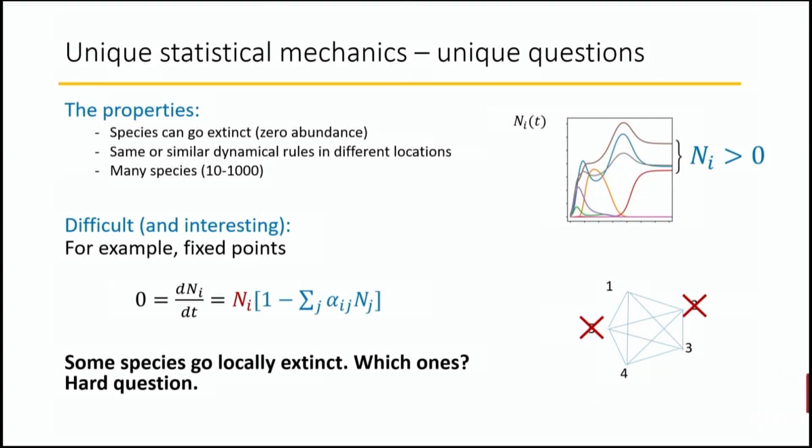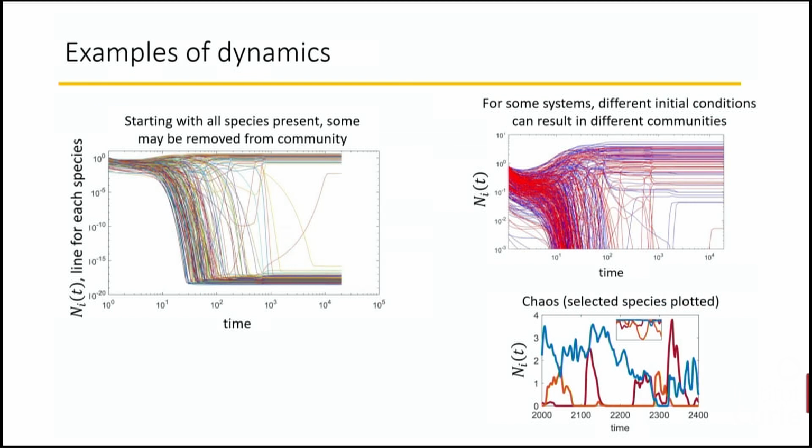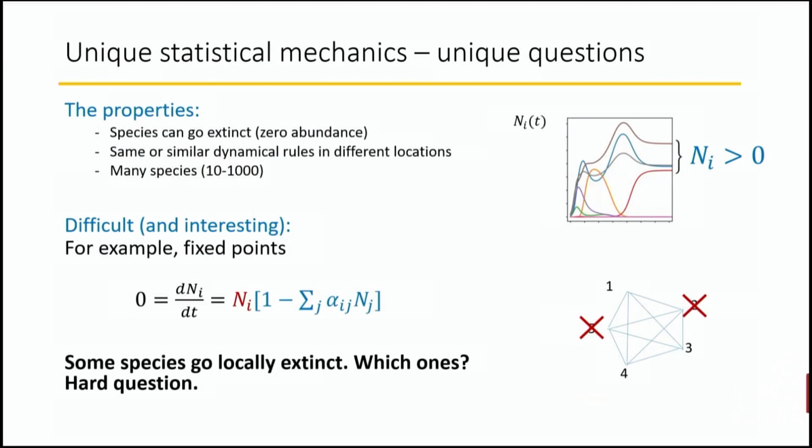And the fact that this is a difficult problem from a theoretical point of view, I don't want to go too much into it, but just think of this: even trying to find a fixed point of this equation, namely where the abundances don't change anymore like we had here, for this to be equal to 0, either this is 0 or this whole thing in blue is 0, either the red or blue.